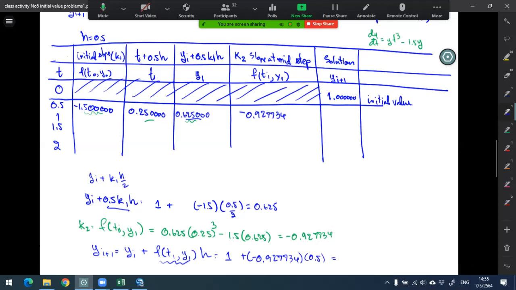So we got the solution. This is the solution. Okay, we understand the midpoint.